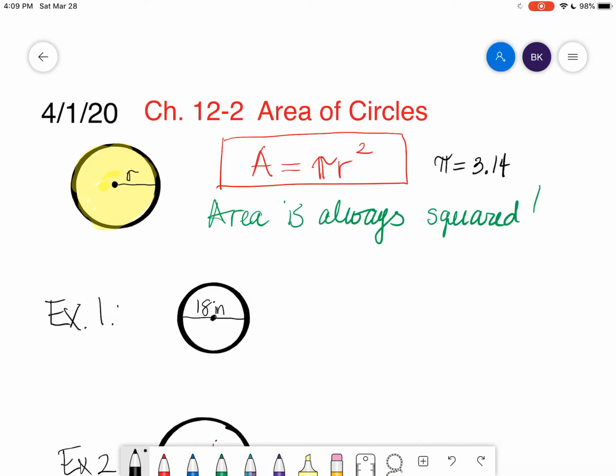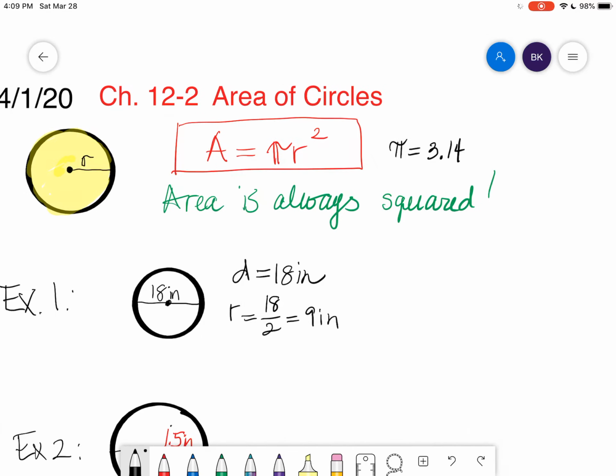So anyhow, example number 1, we have a circle and we have 18 inches, which is a diameter, as you can see. So diameter equals 18 inches. That means radius equals 18 divided by 2, and that would be 9 inches, since we need the radius for the formula. So area equals 3.14 times radius squared.